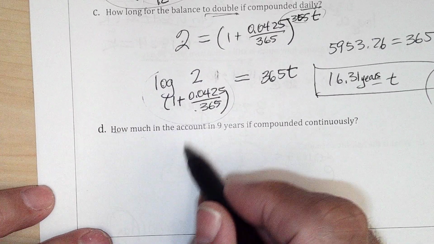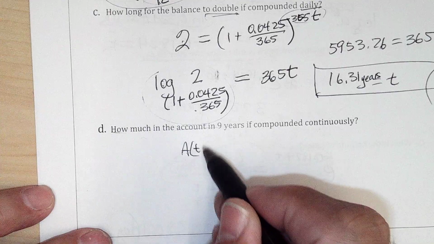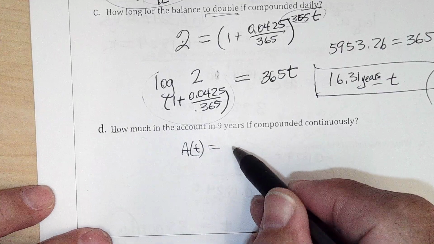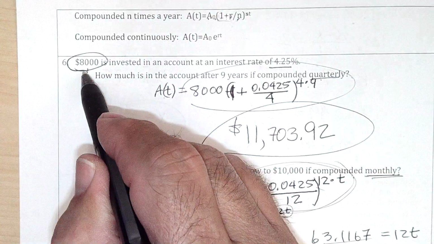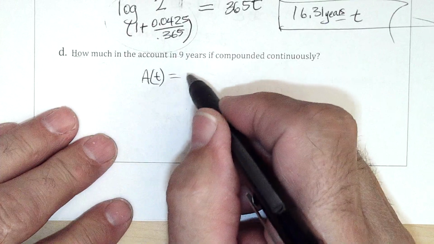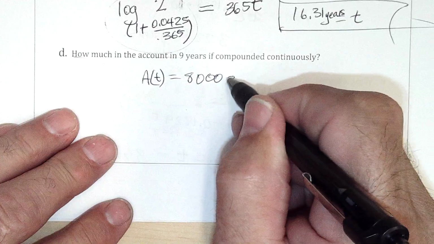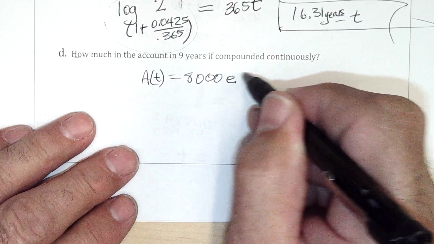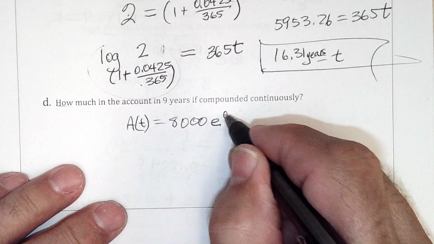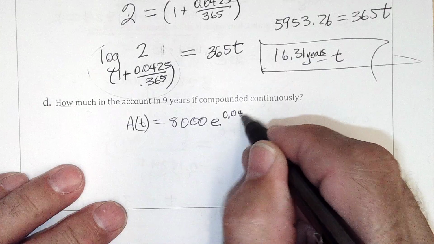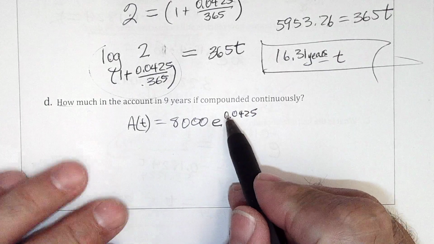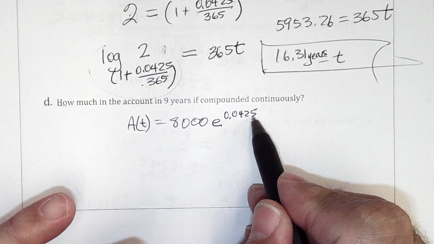And this just says how much will be in the account after 9 years if you start with 8,000. Compounded continuously, that's e to the interest rate in decimal. The interest rate was 4.25. In decimal, it is 0.0425. You notice that we're not doing 100% plus 4% more.